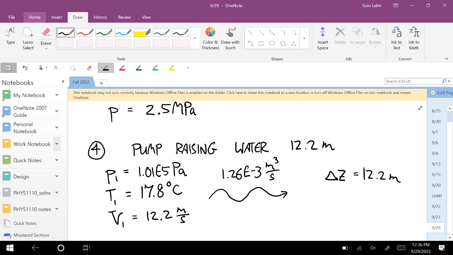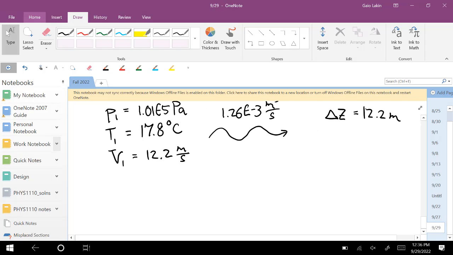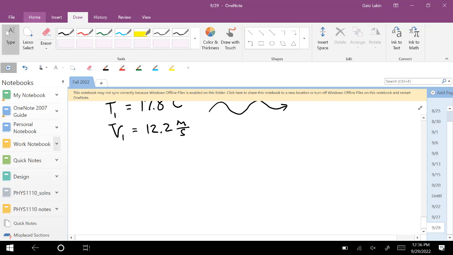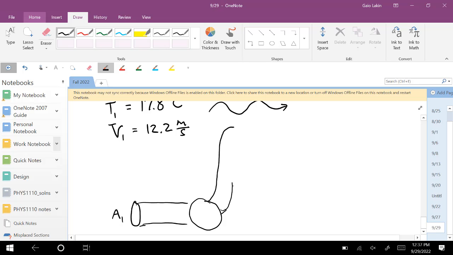Okay, so do we know the speed at the exit? Let's say that we have an input area down here, A1, and then here's the pump, and this has an area A2.